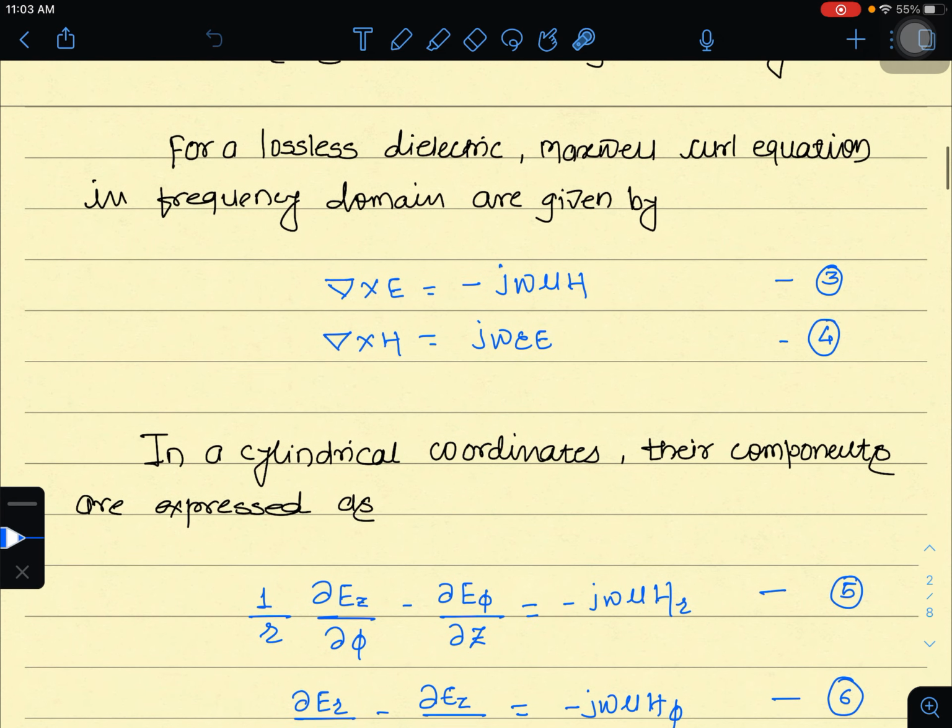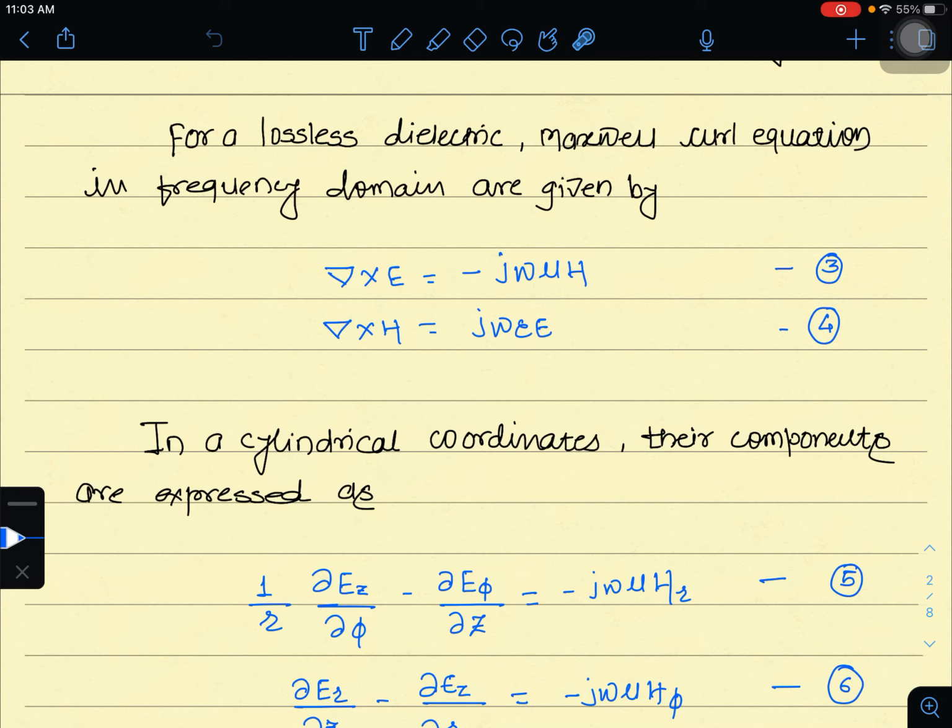Now the other equations, which we know very well, relate to the lossless dielectric.